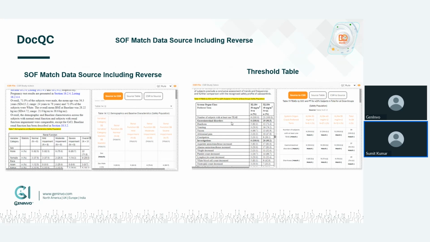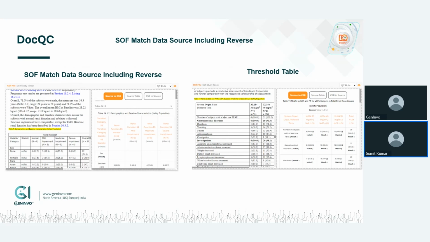Another example I'm giving is the threshold table. The number won't be visible, but in the threshold table, the numbers present at the bottom of the table should be greater than 20%. Or, if some threshold condition is given, highlighted in yellow color.